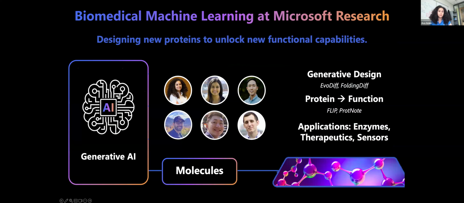And so you may be familiar with some of these works that we've focused on over the past couple of years, including the development of foundational generative models for protein sequence design or structure design, as well as sequence-to-function datasets and annotation methods. But today, I want to do something a little bit different.